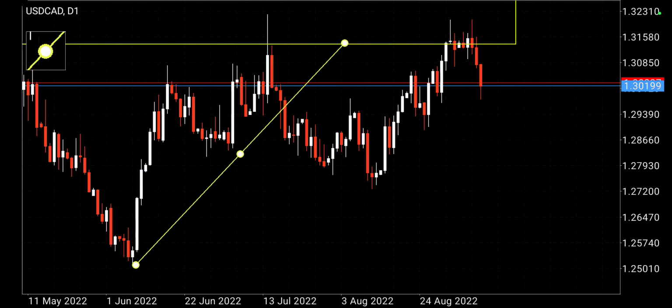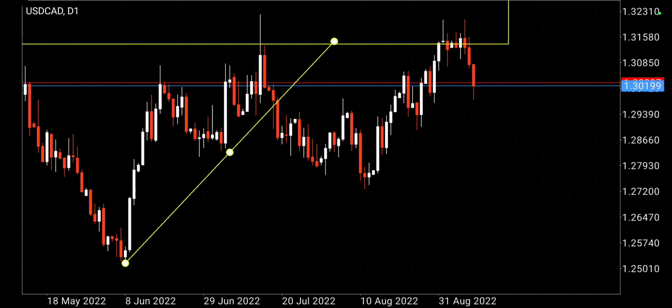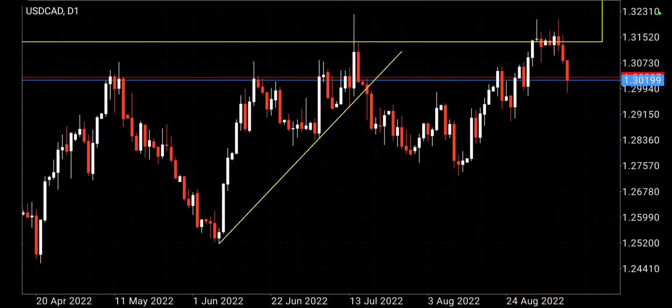Remember, this is what we had on weekly when we were still moving up, and during that time our daily trend line was here, from this to this to there. And we got the same thing when we moved down and broke the trend line, broke areas of resistance, areas of support. We're coming down.